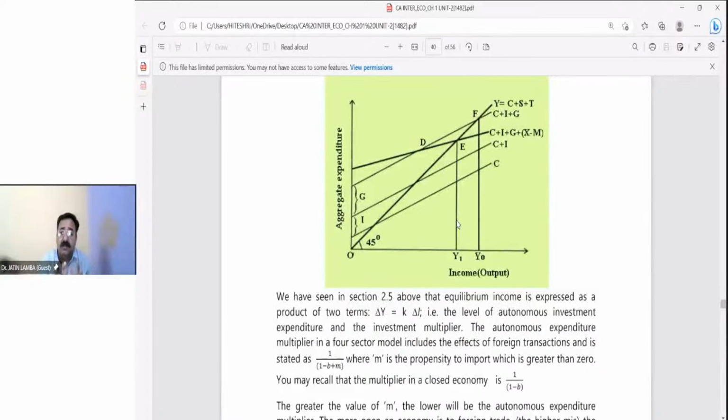Empirical consumption means the consumption function of income. So whatever consumption function we are taking in all questions, C is equal to A plus bY, that is the empirical consumption function, right? So it just twisted the line so that students get confused, but there is no need to be confused, because empirical consumption means a consumption function where one part of the consumption is autonomous and the other part depends on income, right? So you can say empirical consumption function means referring to the relationship between consumption expenditure and income, right? So A plus bY. Is it clear, beta?